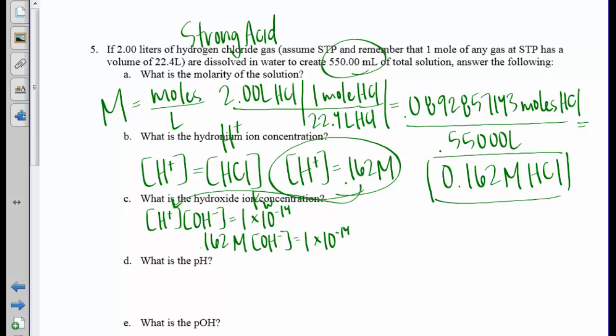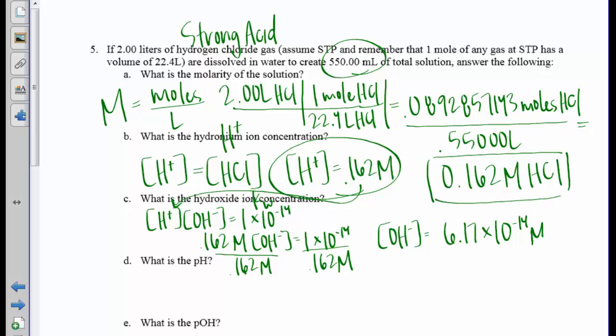Solving for the hydroxide ion concentration, I divide both sides by 0.162 molar. And I calculate the hydroxide ion concentration to be, with significant figures, 6.17 times 10 to the minus 14th molar.